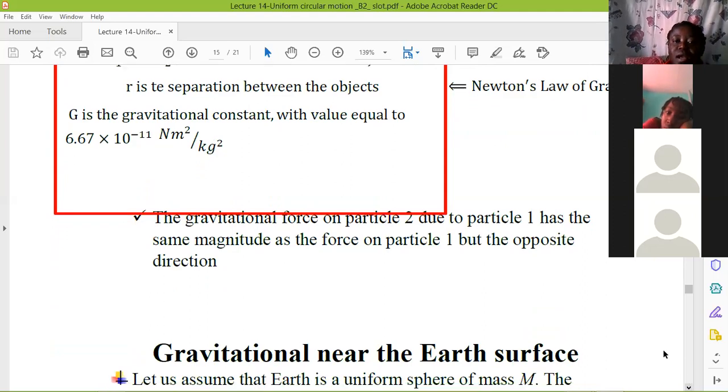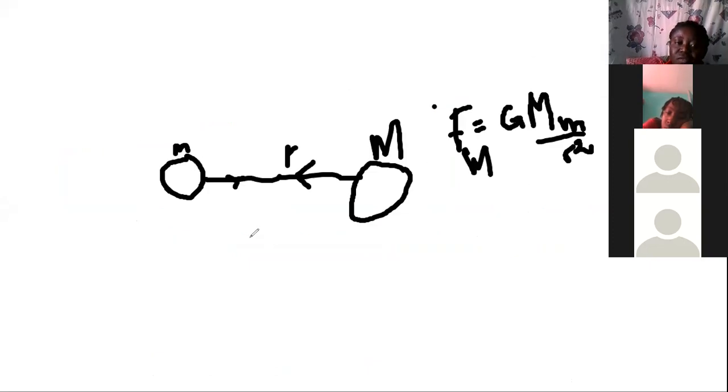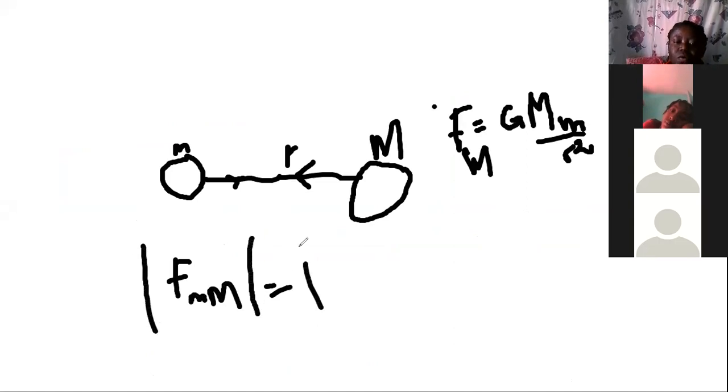If you exert a force on this object, then the force on this one due to this one equals the magnitude of the force on the capital M, due to that mass m.